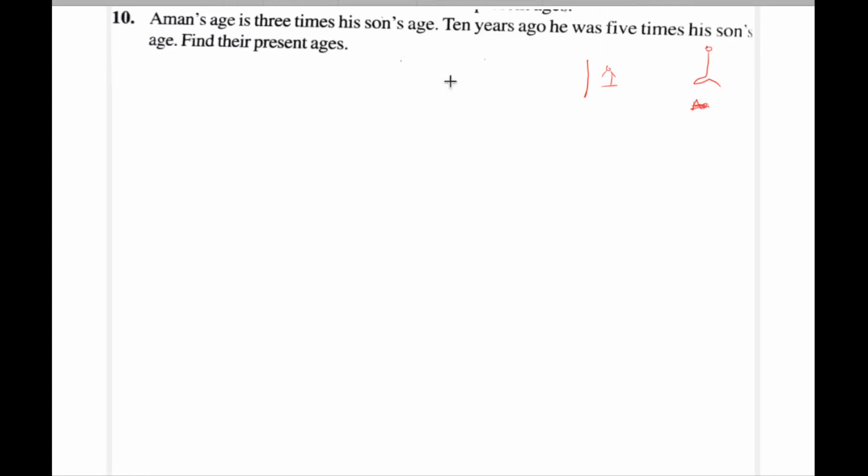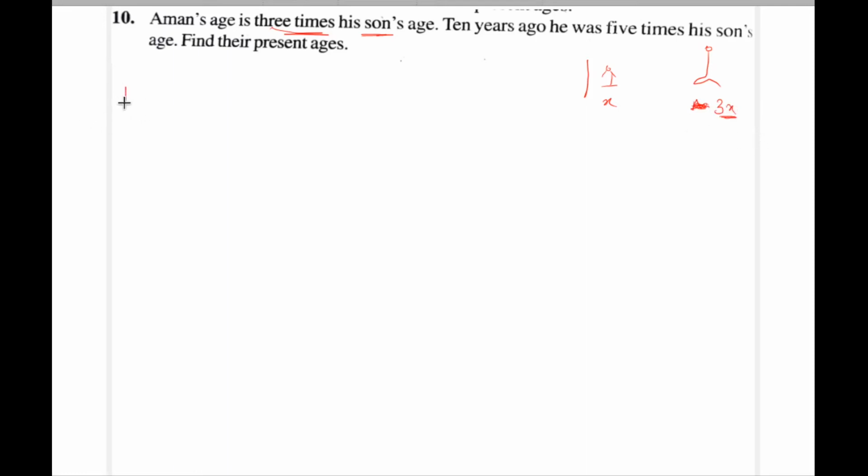Okay. Now, Aman's age is 3 times his son's age. If the age of son is x, then Aman's age will be what? In the previous sum only I have explained. It will be thrice x, 3 times x means 3 multiplied by x. Okay.